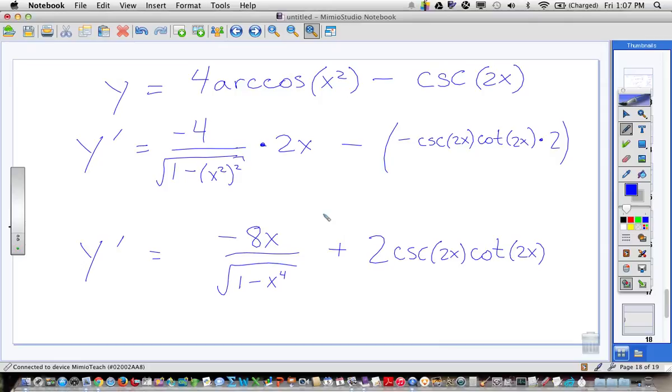So I'm guessing the paper shuffling I heard was looking up cosecant. Is that what we were doing?